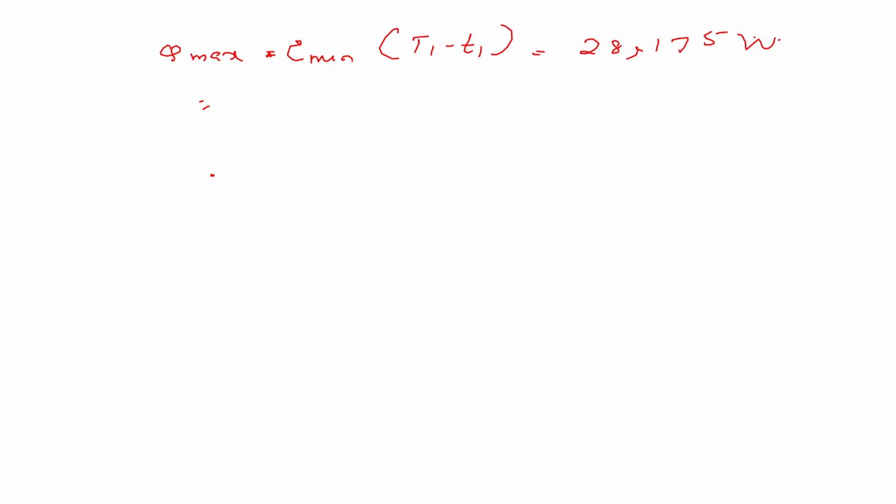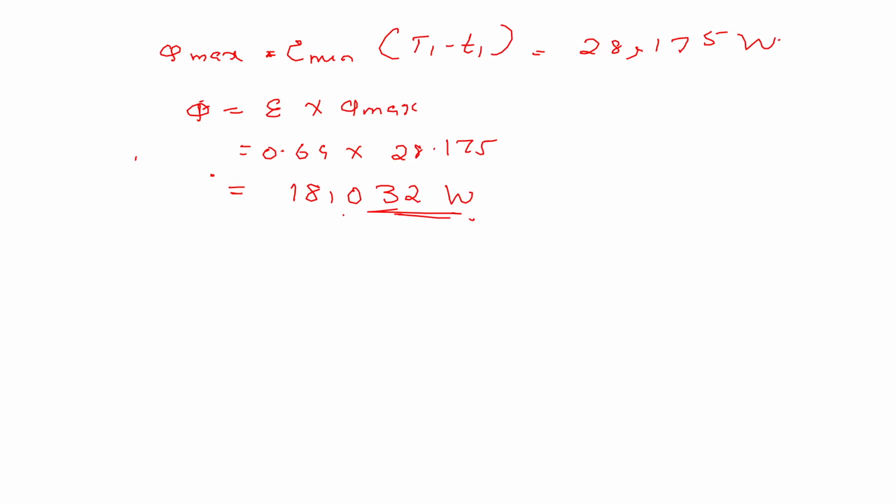Q is equal to epsilon times Q max. So it will be 0.64 times 28,175. That answer will be 18,032 watt. Now that heat transfer Q will be mc Cpc times t2 minus t1.